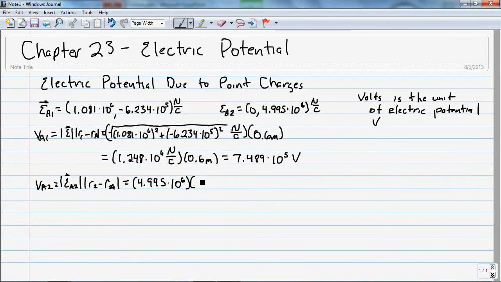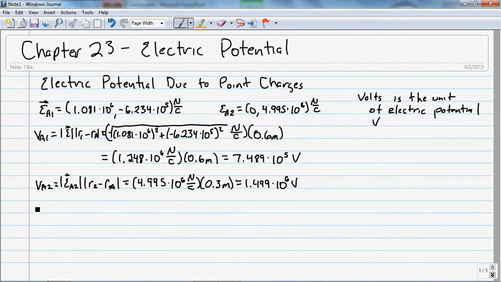And the distance from charge 2 to A is 30 centimeters, so that's 0.3 meters. I forgot to put units in here again. Should always try to keep units here. And that gives me 0.499 times 10 to the 6th volts.